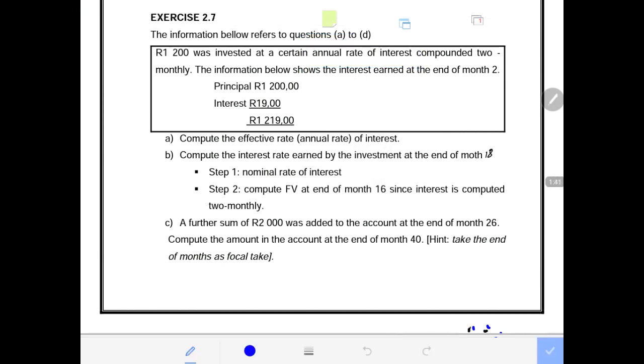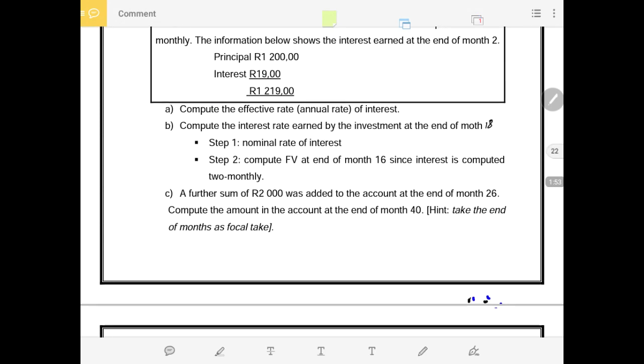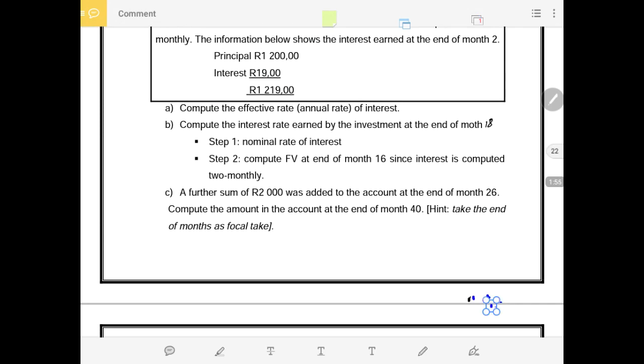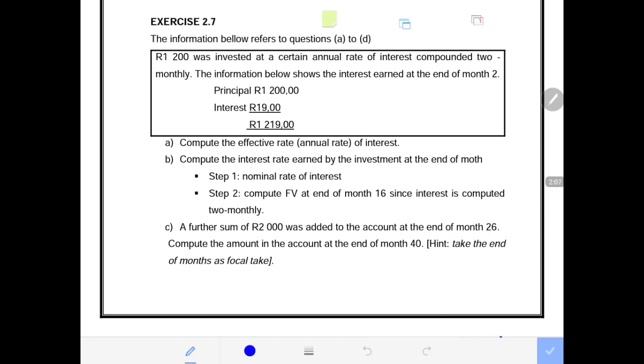We are given the information below regarding the interest that was earned for month 2, for the first period of compounding. So this is the month 2 information that is provided to us. Now we are given the principal amount, which is the present value in simple terms.